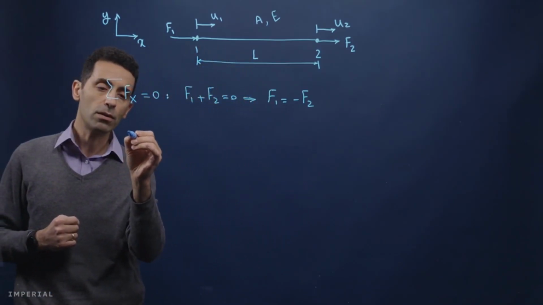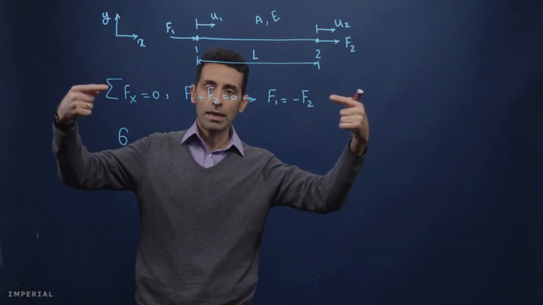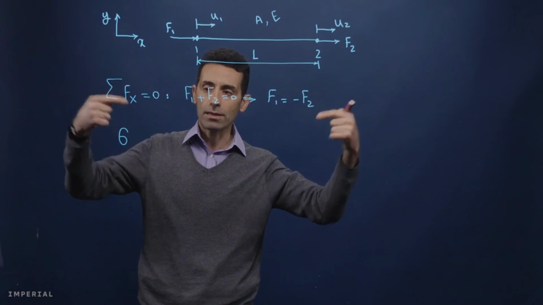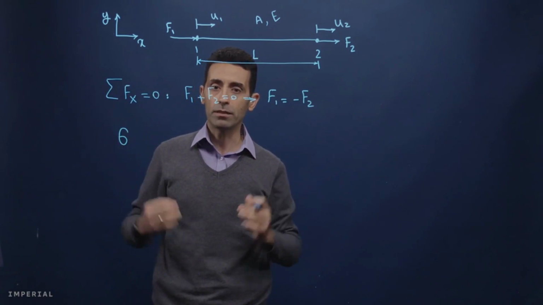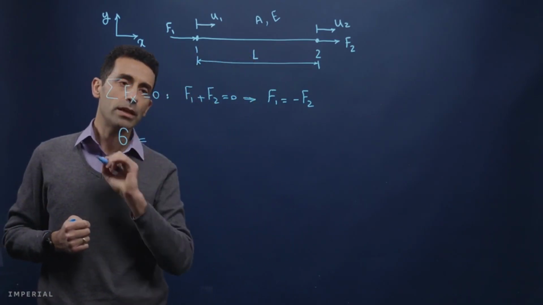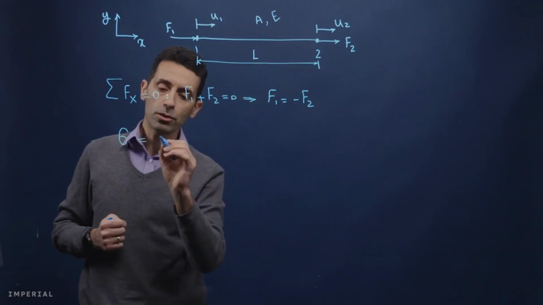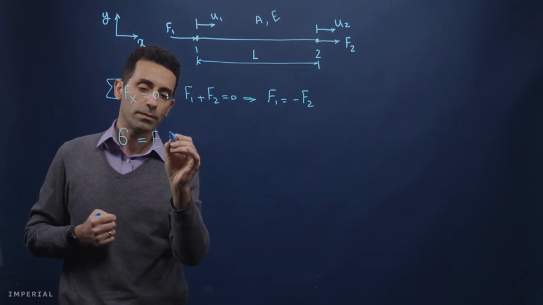So if we call stress sigma, and this stress is the normal stress in the x direction, right? Because this is again a 1 degree of freedom system that we're looking at. So that stress will be equal to Young's modulus times strain, right?